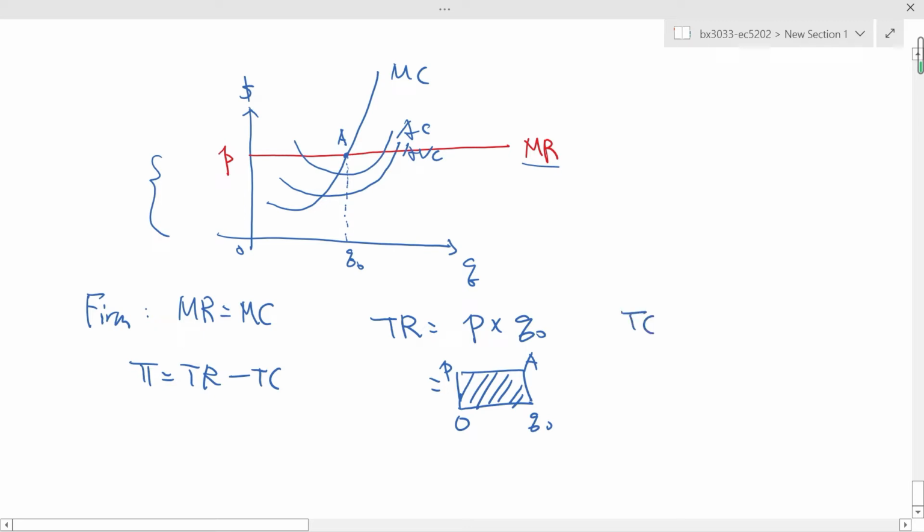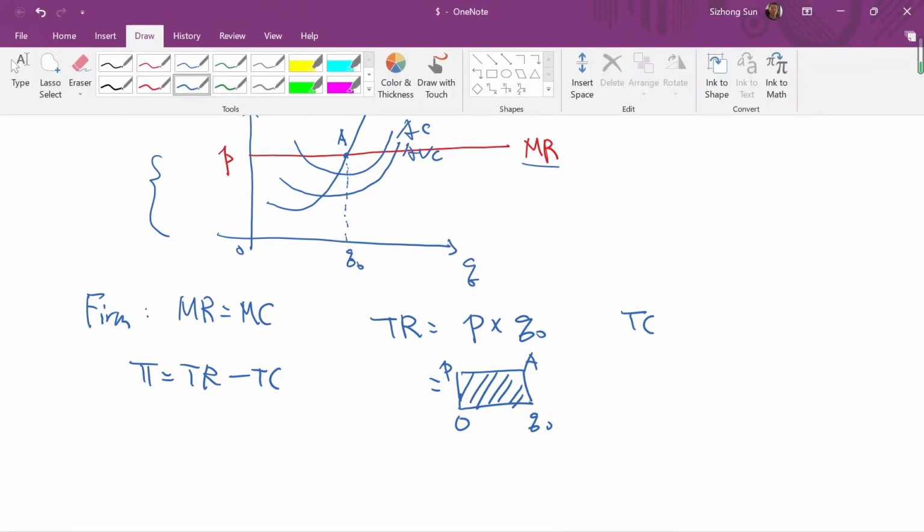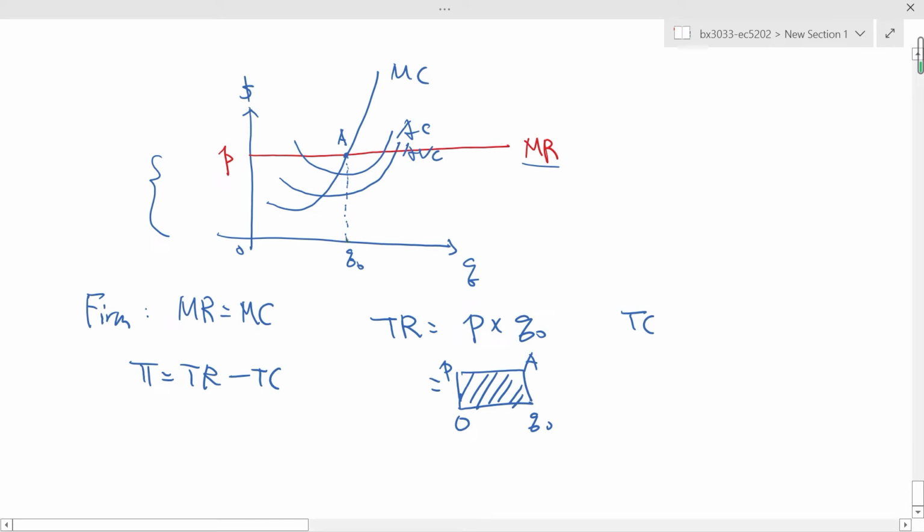Total cost. To find the total cost, let's find the average cost first. So go from quantity Q0 up to the average cost curve and read out the average cost. Let me label this point C. So total cost is equal to average cost times the quantity Q0.